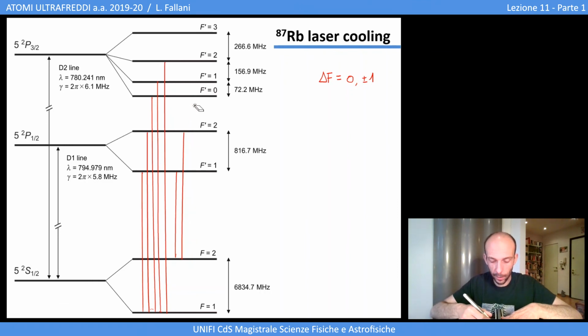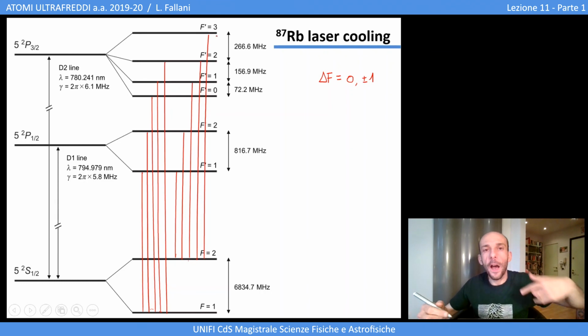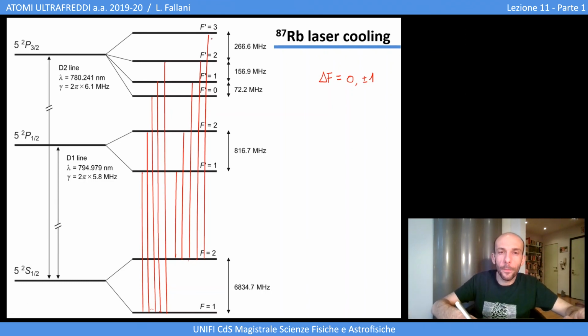So let's erase that, and let's consider the transition from 2 to 1, then the transition from 2 to 2, and the transition from 2 to 3.